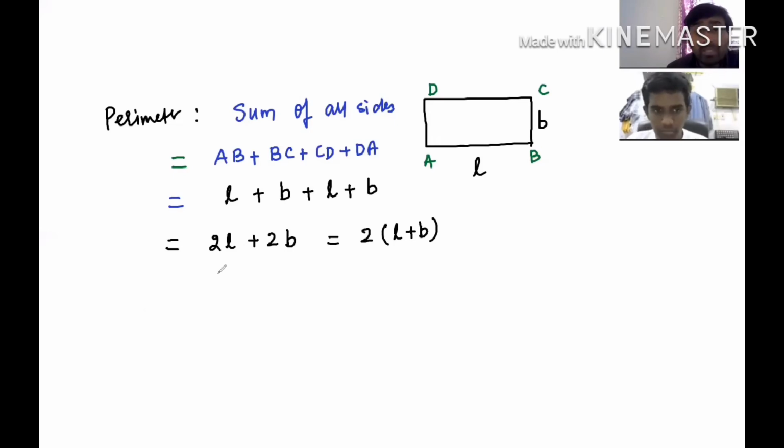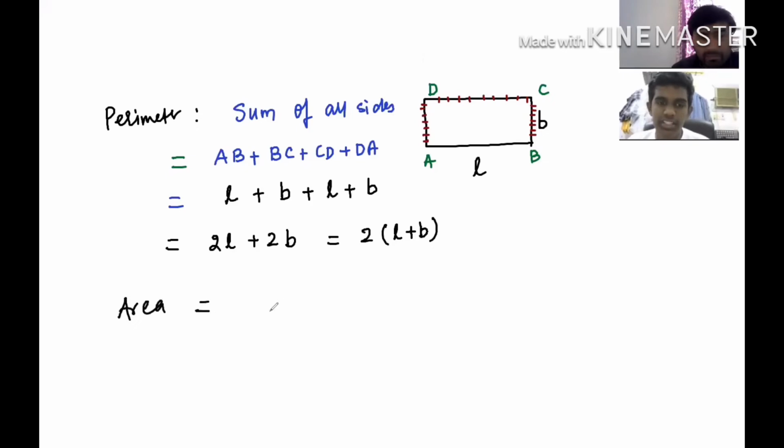Now sometimes a question comes where we have to fence only this side, leaving the front side. In that case, if we have to find the perimeter, we are not going to include this length.